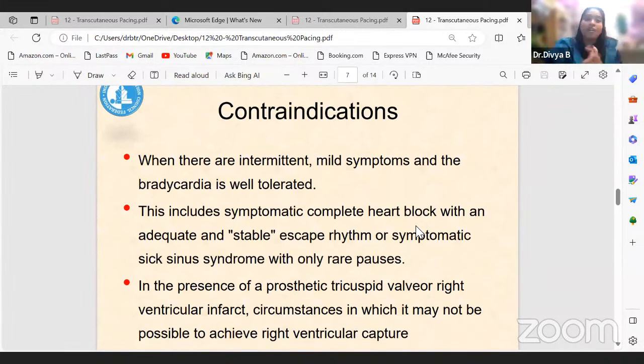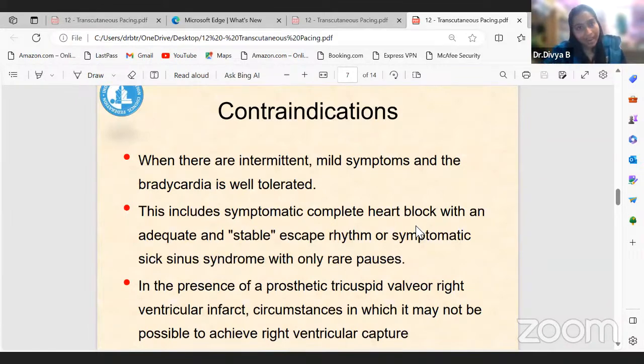And then contraindications, which is absolutely important. It's okay if you know when to do it, but it's absolutely important that you know when not to, because that would complicate the patient more, right? When there are intermittent or mild symptoms and the patient is tolerating bradycardia well, transcutaneous pacing could complicate the patient's condition rather than help. And if the patient has symptomatic heart block with stable escape rhythms, which is of no harm to the patient.